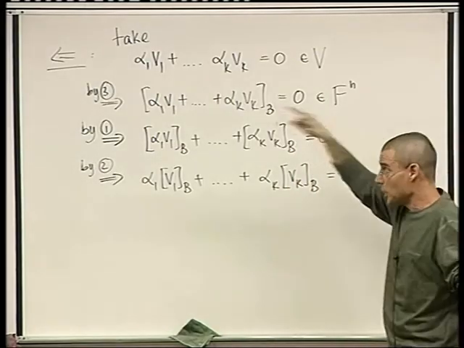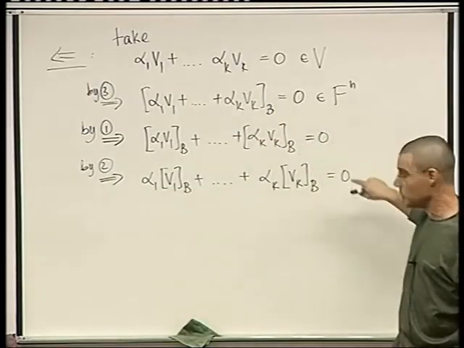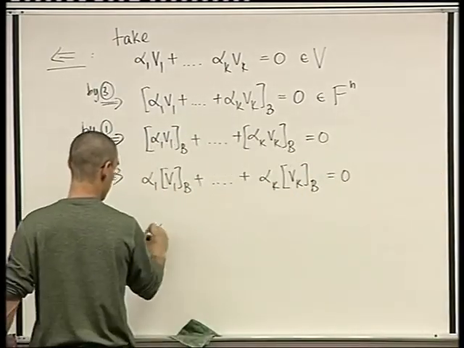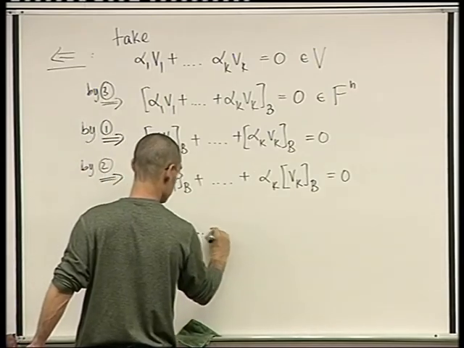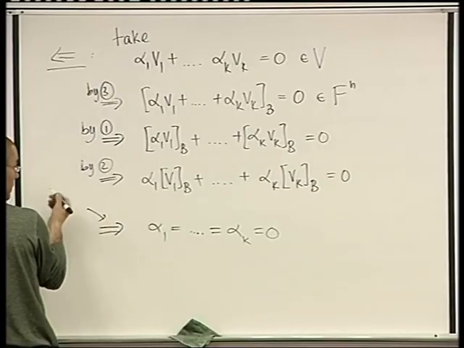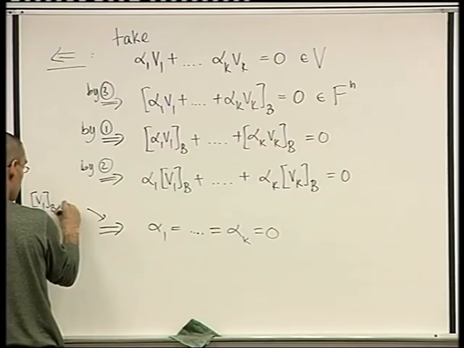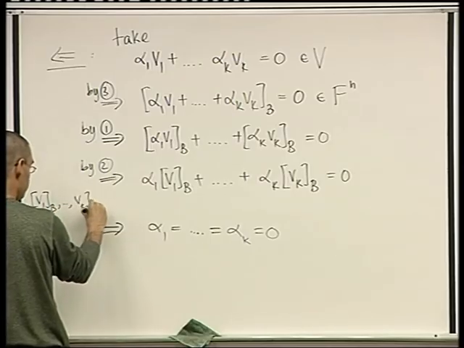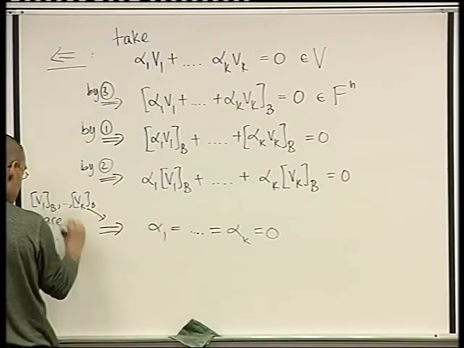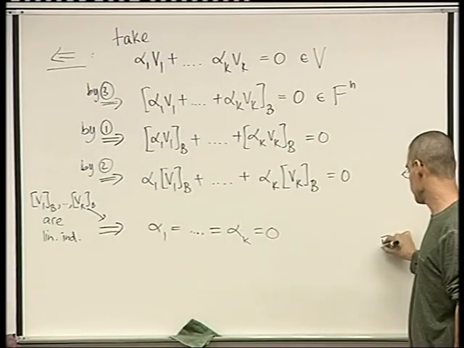And now our assumption in this direction is that if you have a linear combination of these guys which equals 0, since they're linearly independent, all the alphas must be 0. And this is the assumption of this direction, which is that [v1]_B through [vk]_B are linearly independent. And that's it. That completes the proof.